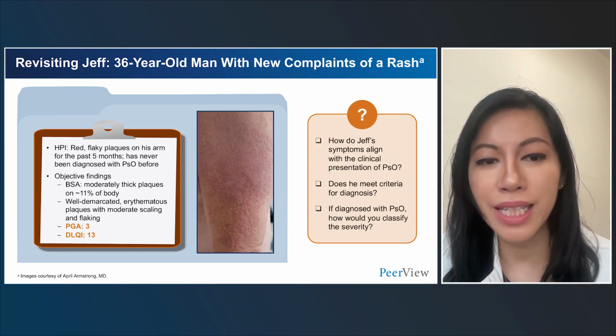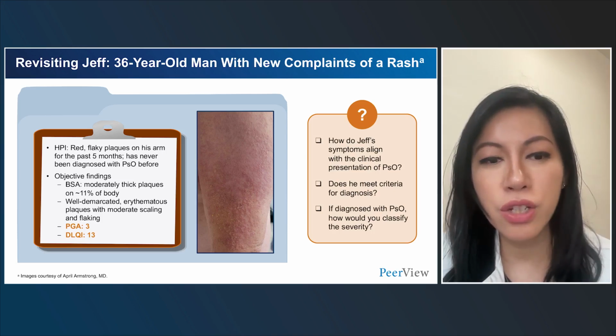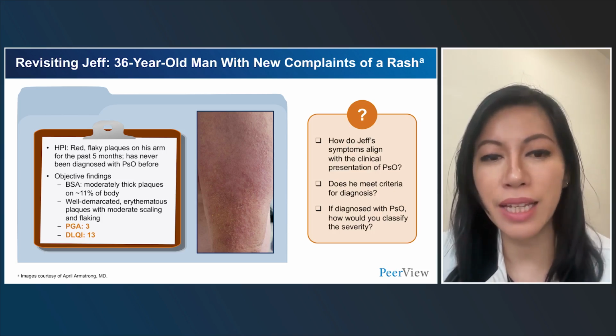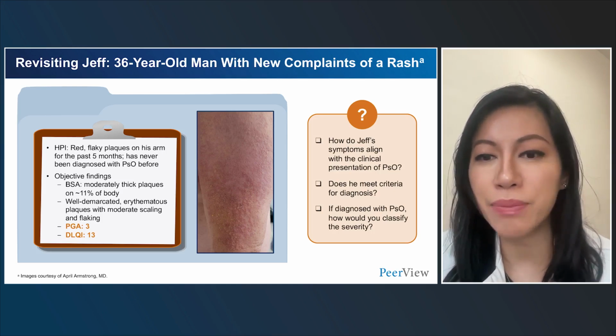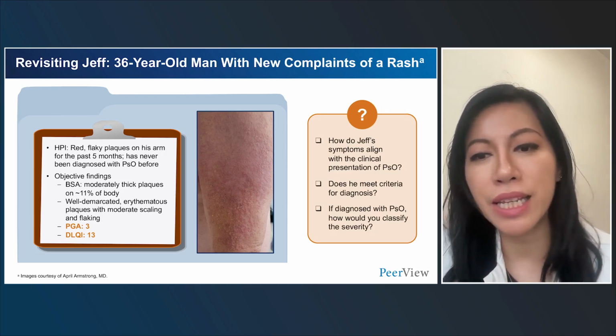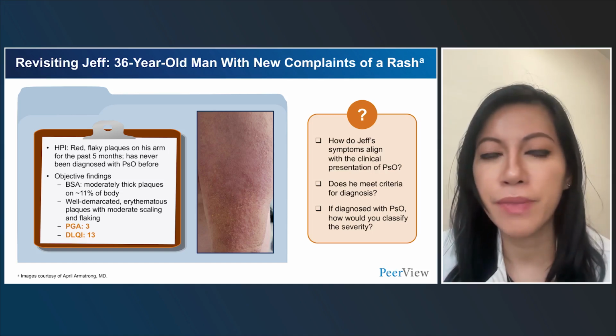And very importantly, his DLQI score is 13, which relates to the significant impact that his psoriasis is having on his overall quality of life. So we established that he meets the criteria for diagnosis through clinical examination. We also established that Jeff qualifies for a systemic therapy having BSA greater than 10%.